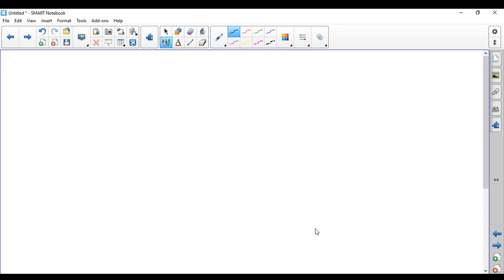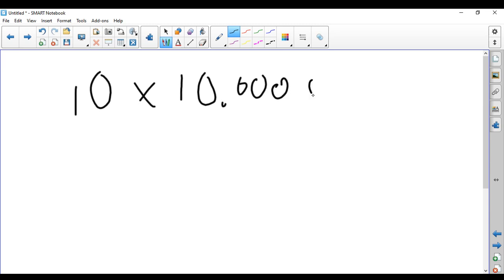There are two ways to go about it. First, they want to remind you that by multiplying by 10, 100, or 1000, we're moving the decimal point. So 10 times 10, I'm moving this decimal, and it's invisible because there's a bunch of zeros this way. I'm moving the decimal to the right.